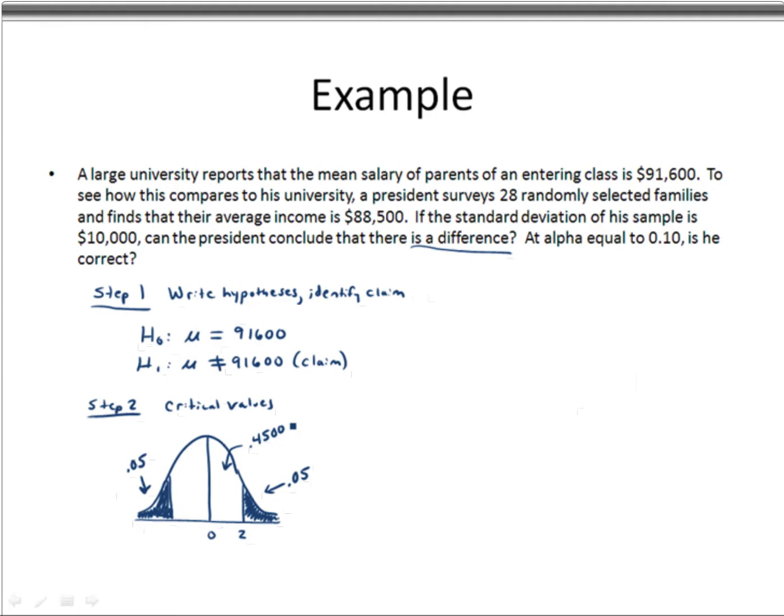And looking that up in my table, gives me a z-value of positive 1.65 and negative 1.65.